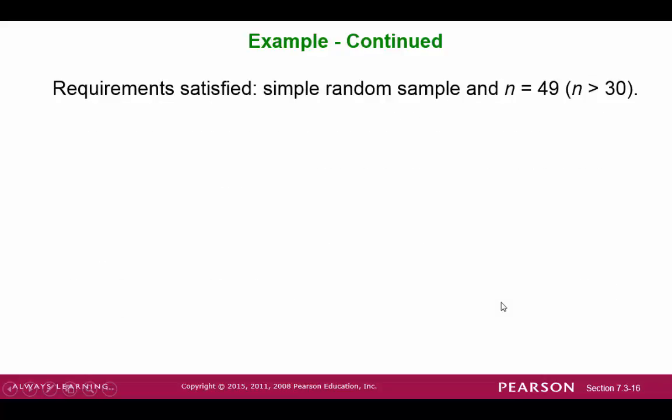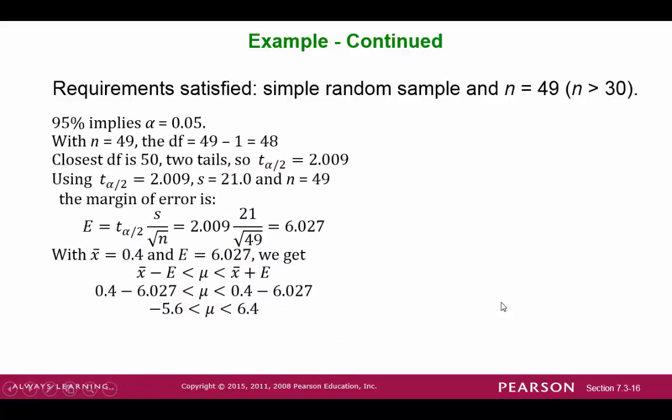First, let's make sure that the requirements are satisfied. We don't know if this comes from a normally distributed population, but our sample size is large enough, so I think we're good to go. So doing this by hand, you would find your degrees of freedom to be 48. If you look in the table, 48 is not on the table, so you look for the closest number, which is 50.